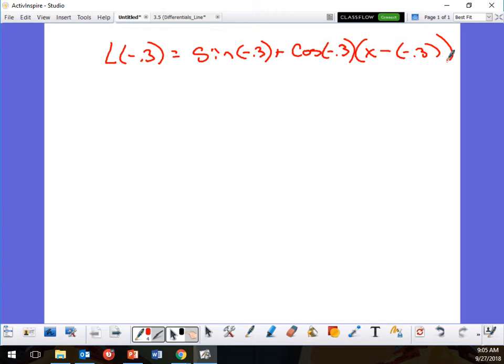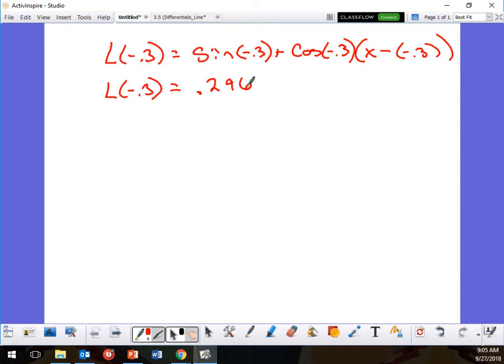All right, what did we come up with here? It should be ugly, right? Whole bunch of decimals everywhere. Anyone? 0.295? 0.296.